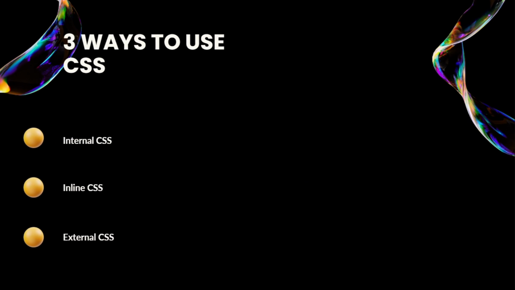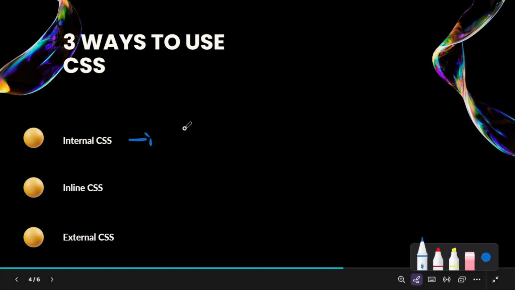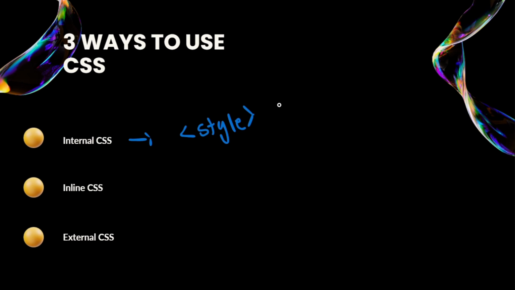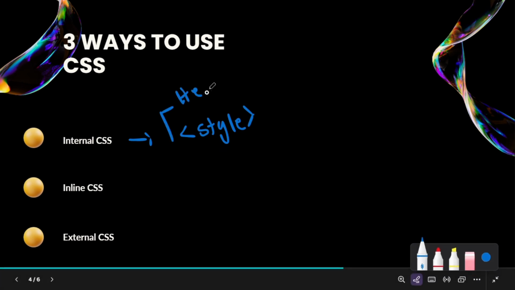Now we will go for the second question: three ways to use CSS. Basically there are three types of CSS: internal CSS, inline CSS, and external CSS. Internal CSS is written in a style tag inside the head element.